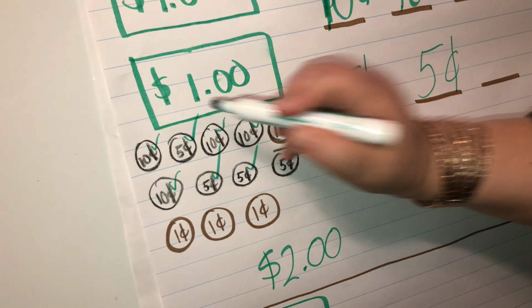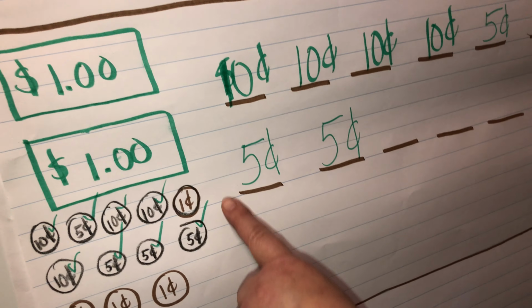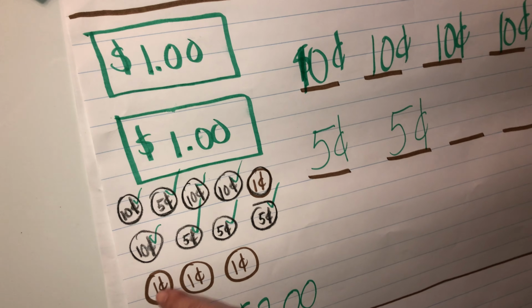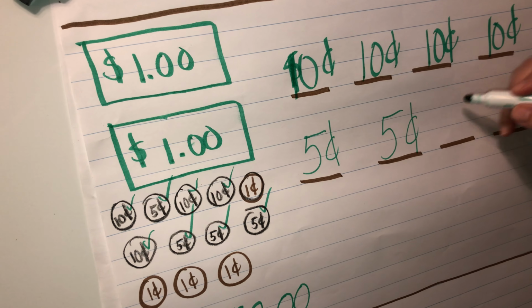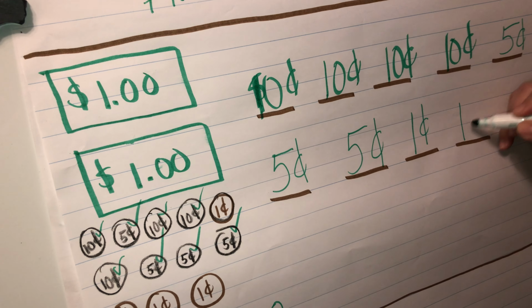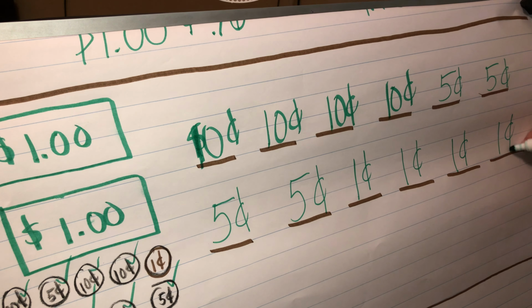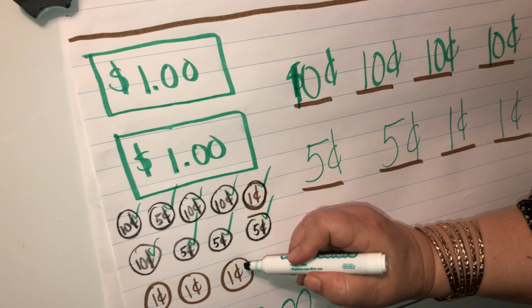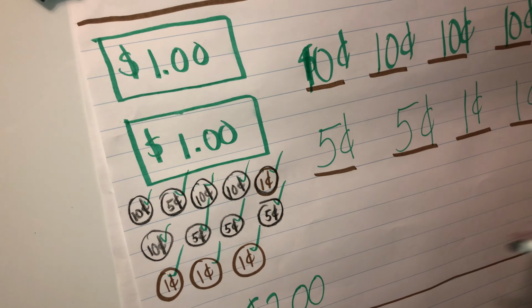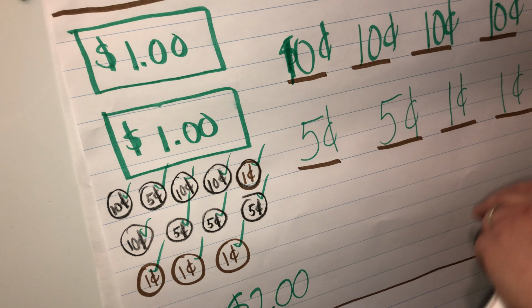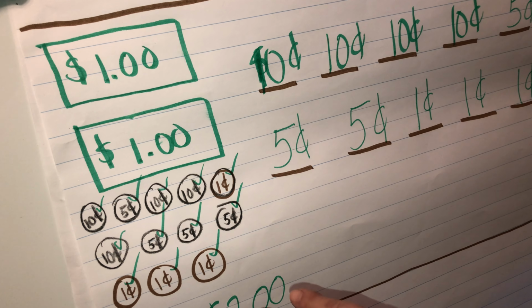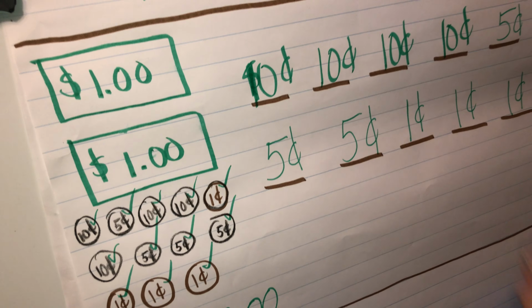And I have 4 coins left, and those 4 coins are pennies. So that is what I write next. 1 cent, 1 cent, 1 cent, and 1 cent. Don't forget to put a little check so that you know you've already added all of them to your ordered list of coins. Okay, so that's it.